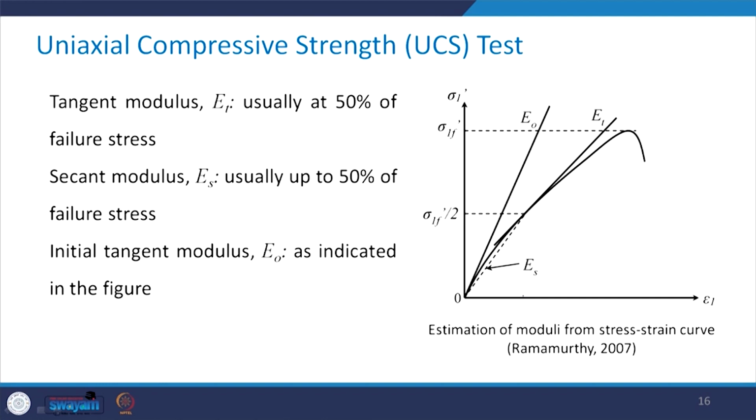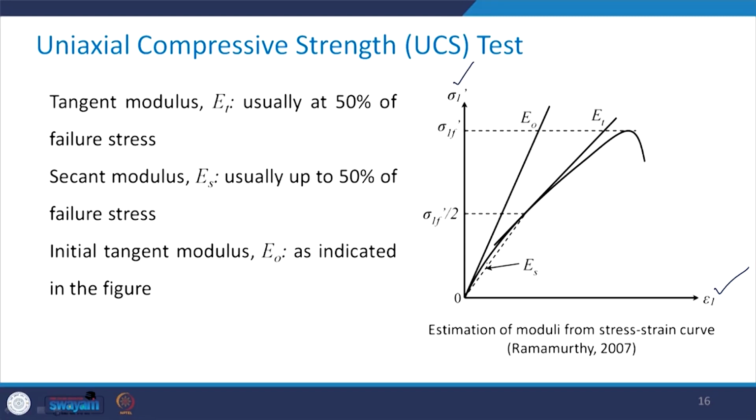Those have been explained here in this figure. This figure is the plot between the axial stress and the axial strain. As we saw in the previous slide, the typical shape of this stress versus strain response is like this portion.